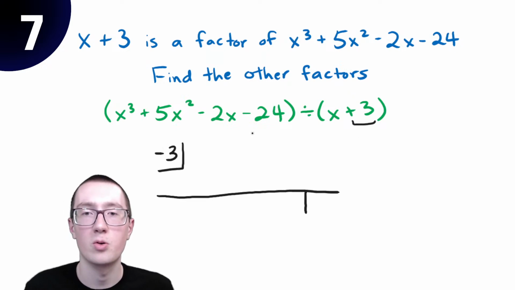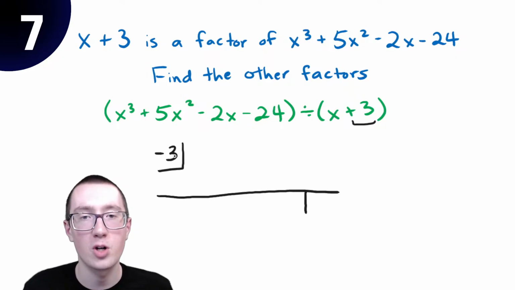So this is our little special synthetic division artwork. We have our number in our box, and then we are going to write out the beginning numbers of each of our long part. Actually, I'm going to point down here. So this first part here, we don't have a beginning number because it's invisible. We have an invisible 1. Whenever you don't have a number in front, that means it's 1.